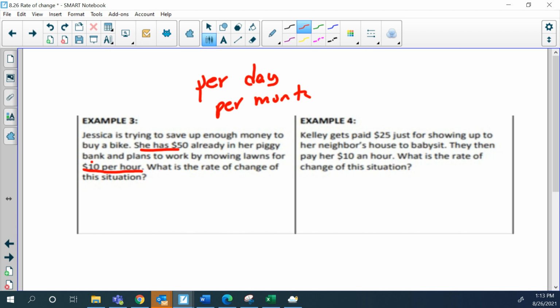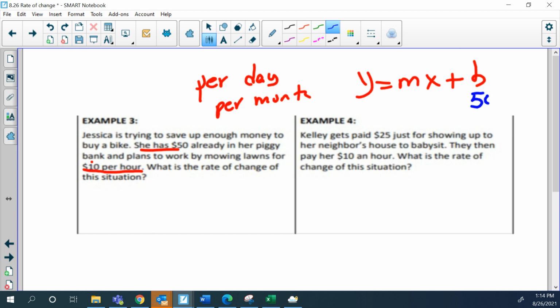So if we look at the equation, y equals mx plus b, let's see if we can plug in the values for m and b from the word problem. Here it tells you she has $50 already in her piggy bank. So she's starting off with $50. That is her initial value, so that would be b.